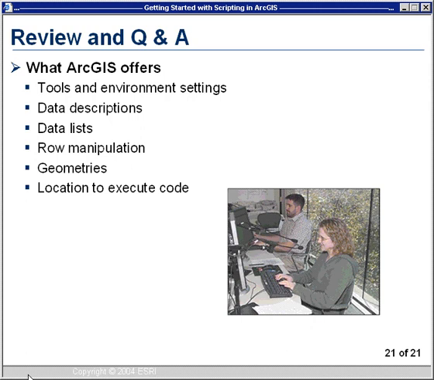Oliver from Cambridge asks, can I describe shapefiles? Yes, we can. Krista had a couple of slides where she was describing raster data sets. And in the demo, she ran a method called list feature classes. Now, a shapefile is just another type of feature class. So you can also describe shapefiles and get information about them. What is the type? Is it a point, line, or polygon? What is the extent?